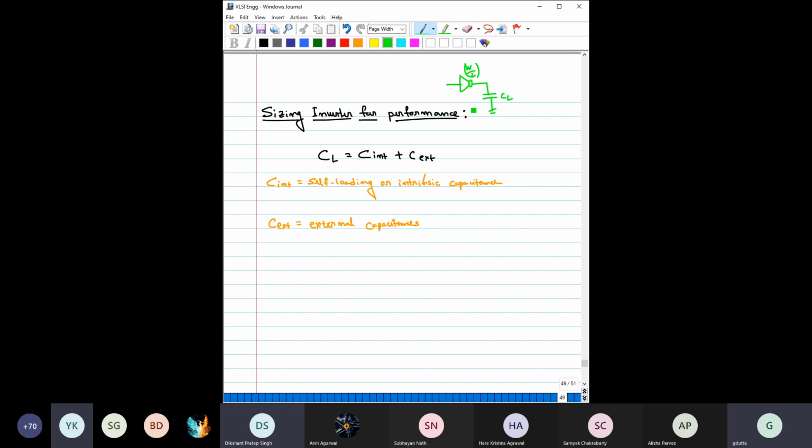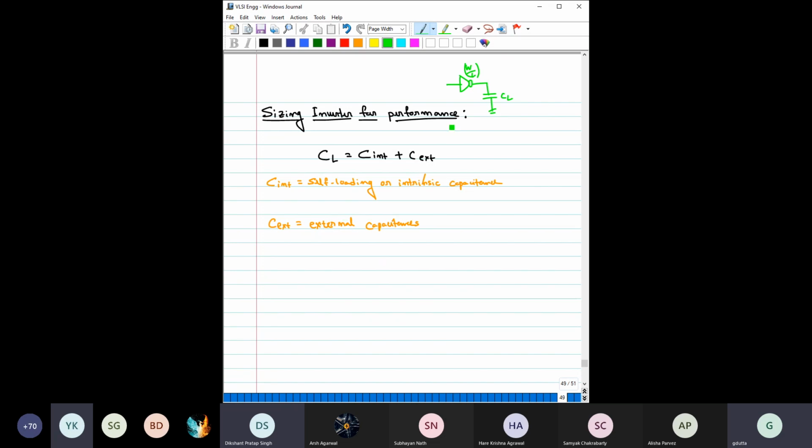So from the first one to the next one, we have just doubled the transistor sizing. How does that impact the performance? Performance means here we are considering the delay performance. Later on we will also consider the power.